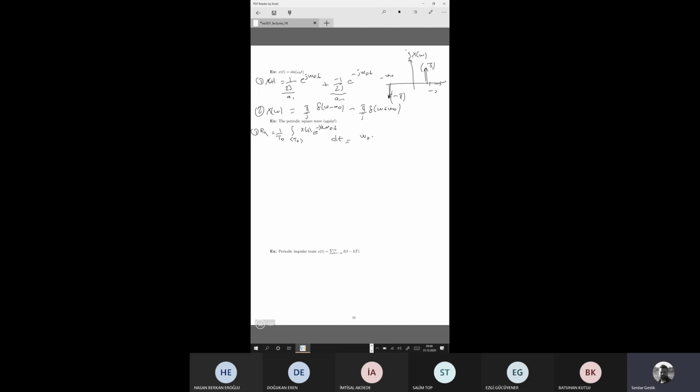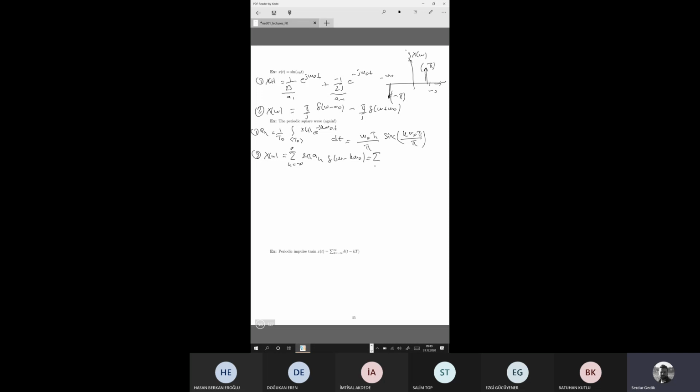This is, remember, omega 0 t1 over pi sinc k omega 0 t1 over pi. So this was the Fourier series coefficients. Well, if you go with the second step, again, x of omega is summation k from minus infinity to plus infinity, 2 pi ak impulse omega minus k omega 0.